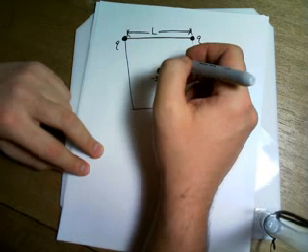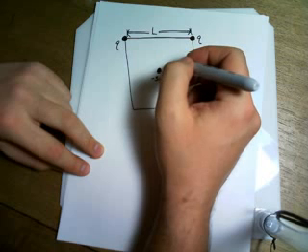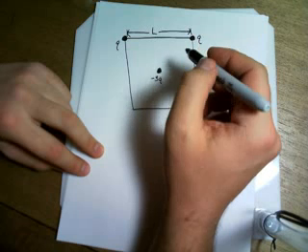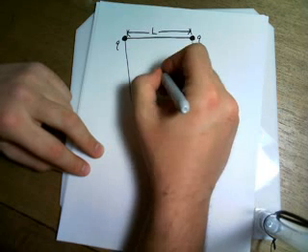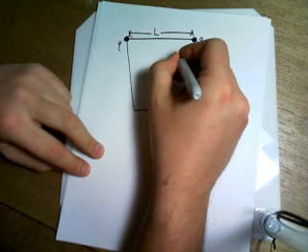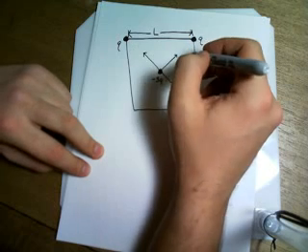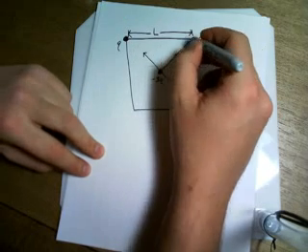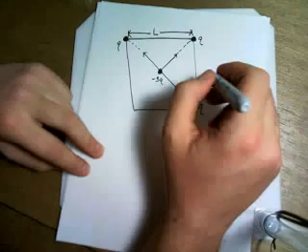Okay, so let's look. We need to find the radius for each point from the center outward.